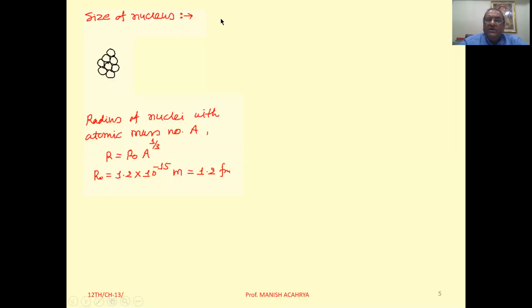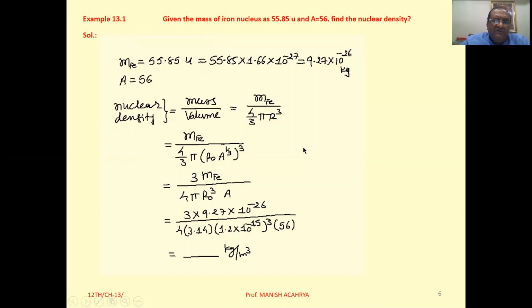So this particular equation was derived with the help of the experiment of scattering of fast electrons bombarded on different nuclei. Okay. Then after, example 13.1.